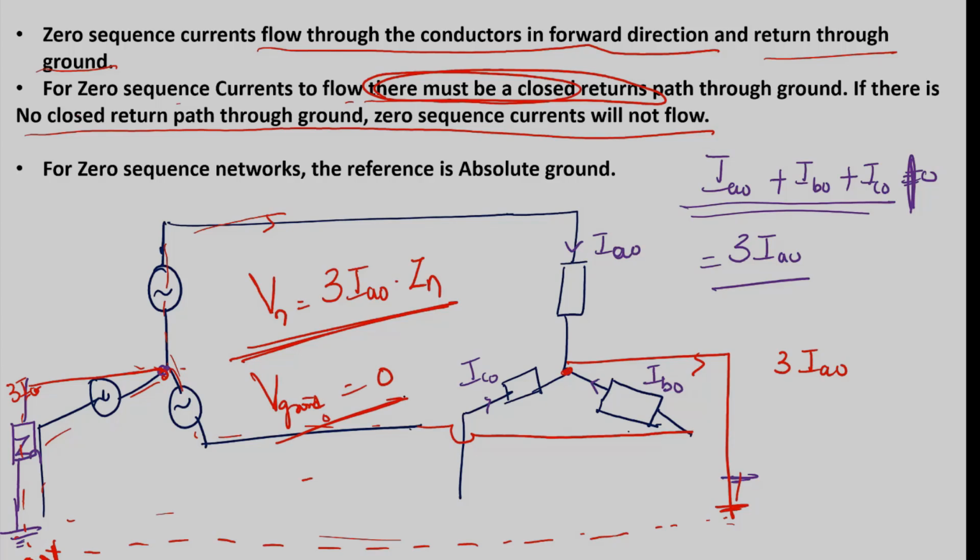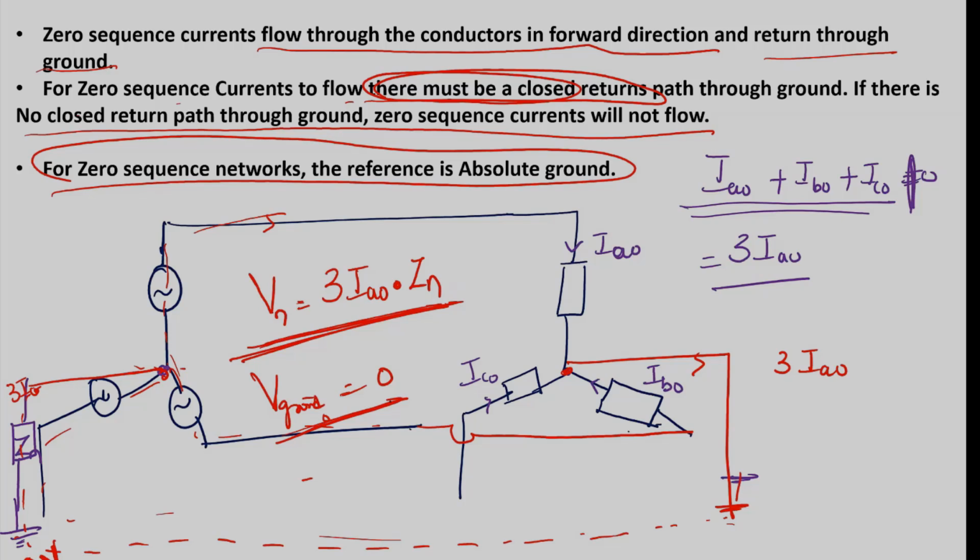So for zero sequence currents, the voltage of neutral and voltage of ground are at different potentials. Remember this neutral voltage formula: for any fault, the neutral voltage is given by 3 times IA naught into the neutral grounding impedance, whereas the voltage of ground is equal to 0. So for zero sequence networks, the reference is absolute ground.